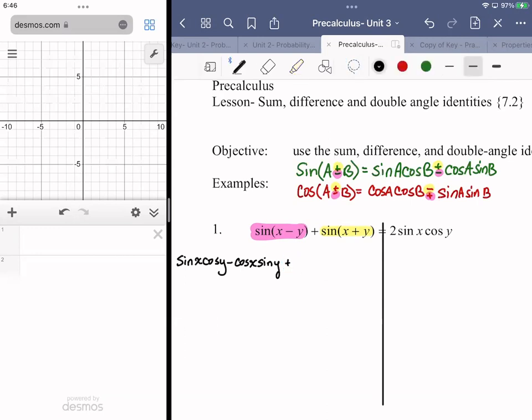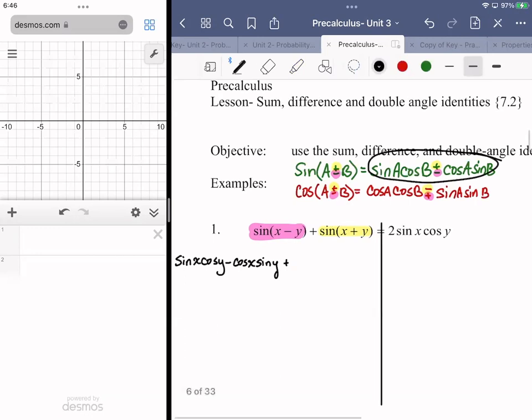So I'm just running through this expansion here. Everywhere I see an a, I'm replacing it with an x, my a value. Everywhere I see a b, I'm replacing it with a y.